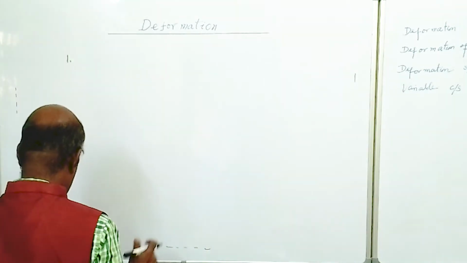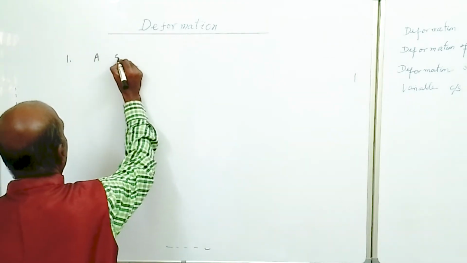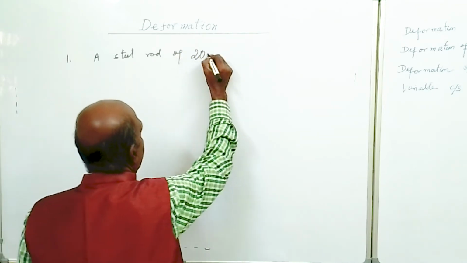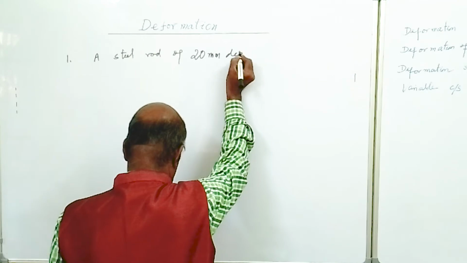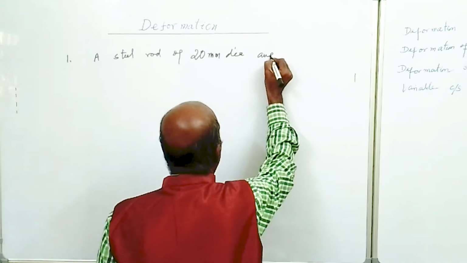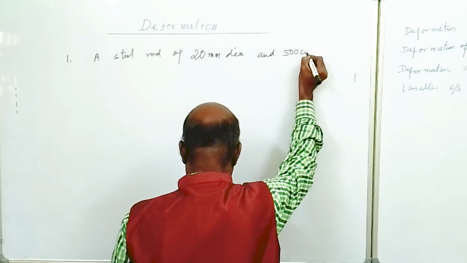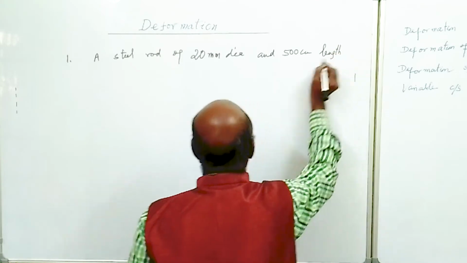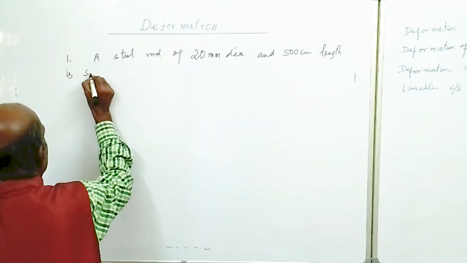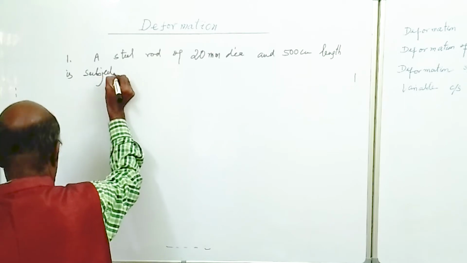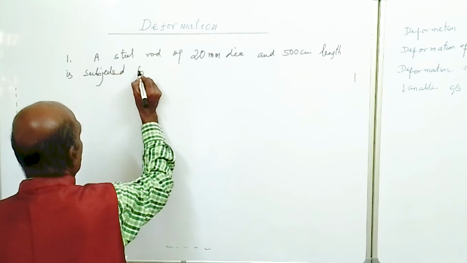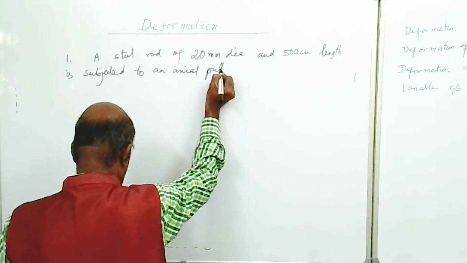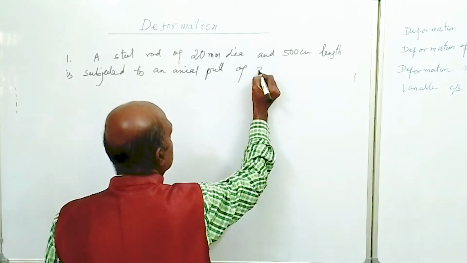Question number 1. A steel rod of 20 mm diameter and 500 centimeter length is subjected to an axial pull of 30 kilonewton.